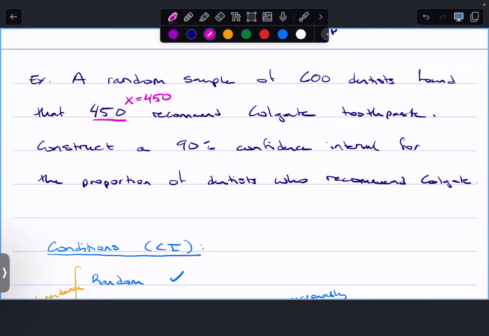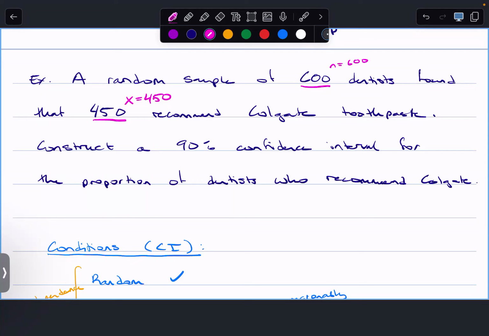X is 450. N is 600, right? My sample size is 600, and I found 450 of those recommend Colgate, so they are considered successes. So X in this case is 450.